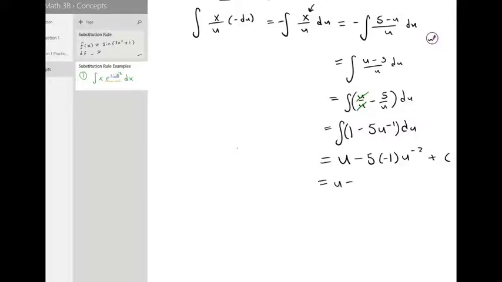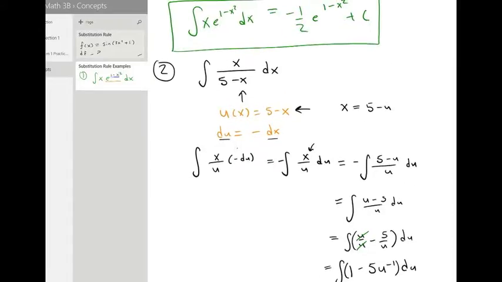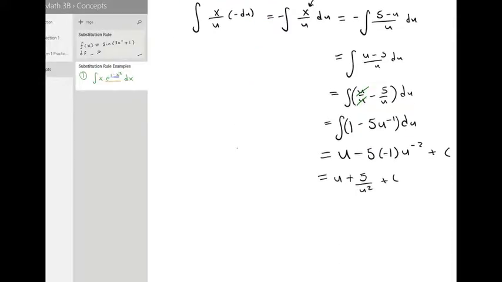This equals u plus 5 over u squared plus c. Our original u was 5 minus x. Oh, sorry, I made a mistake. Sorry about that. Let me redo this.